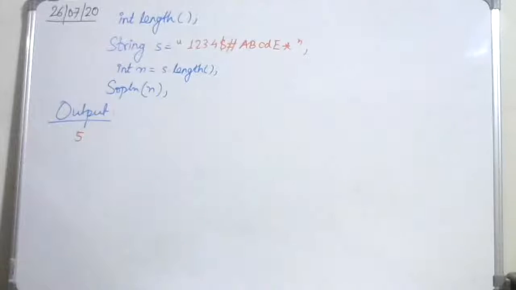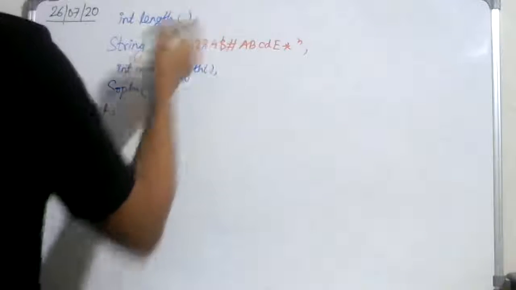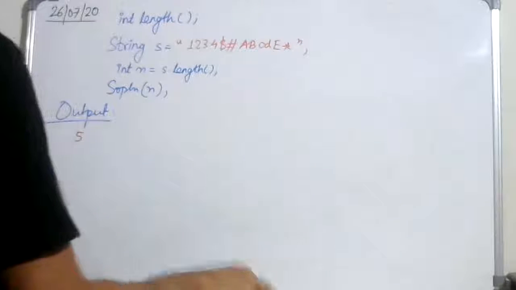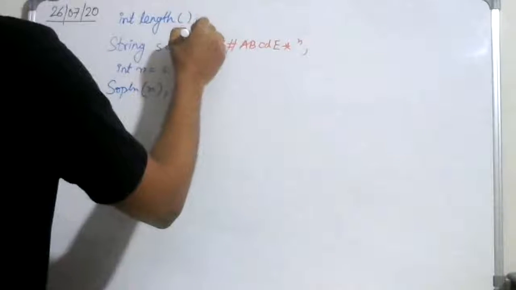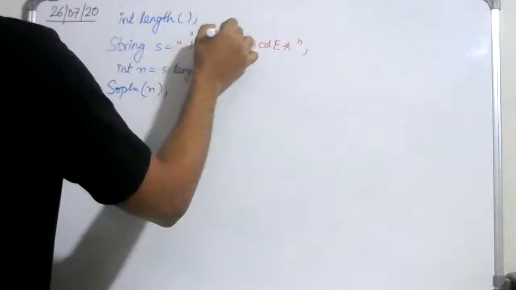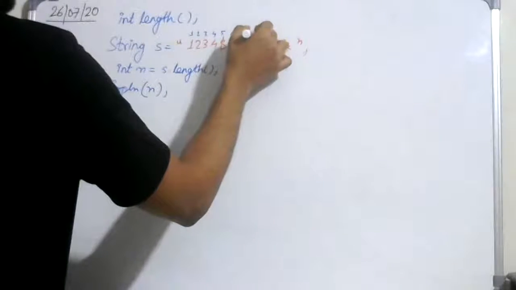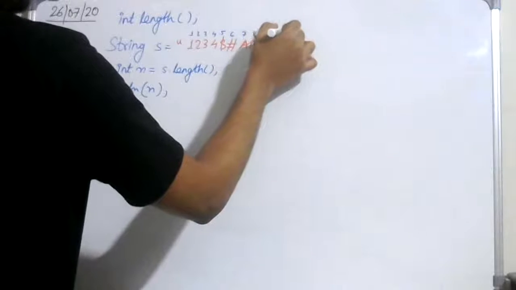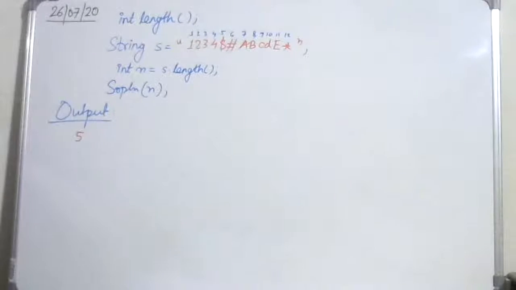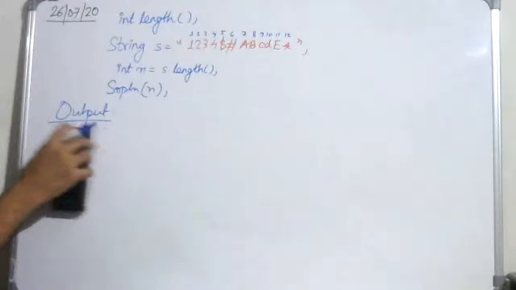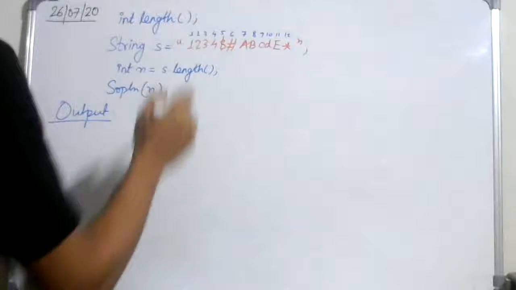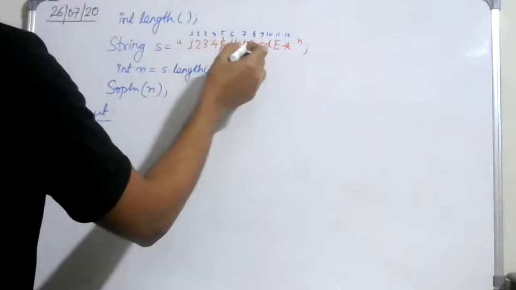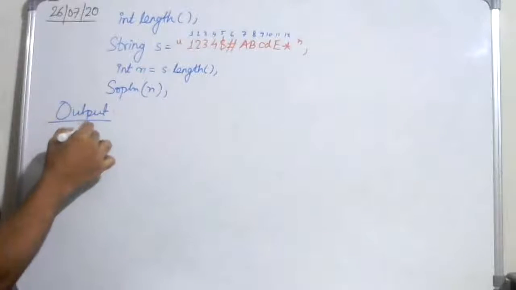It could be a combination of letters, numbers, symbols, etc. What the length function does is count each of them, starting from 1, 2, 3, 4, 5, 6, 7, 8, 9, 10, 11, 12. There are 12 characters in that string. So my output is 12.